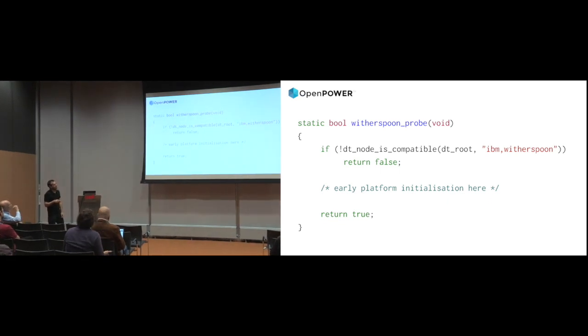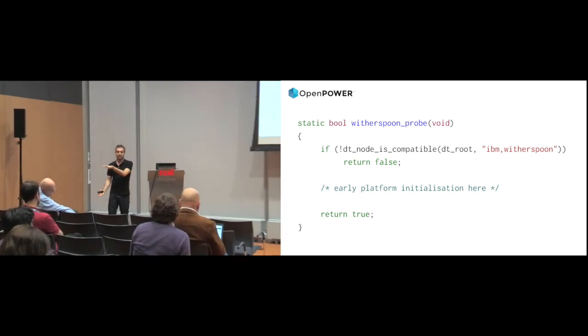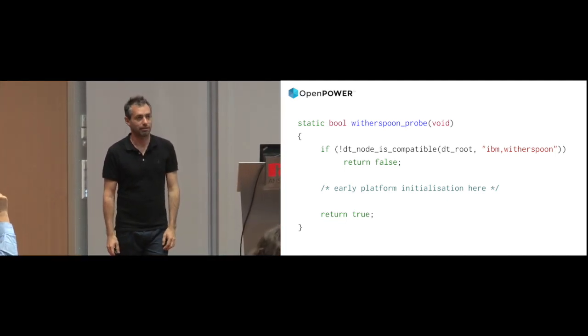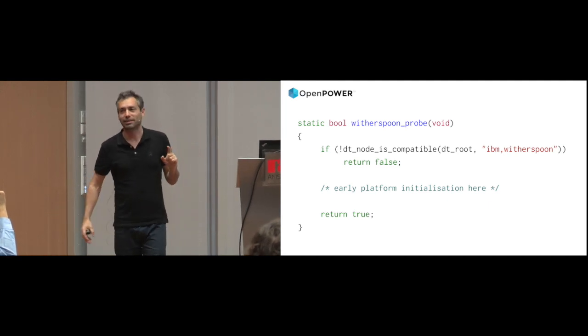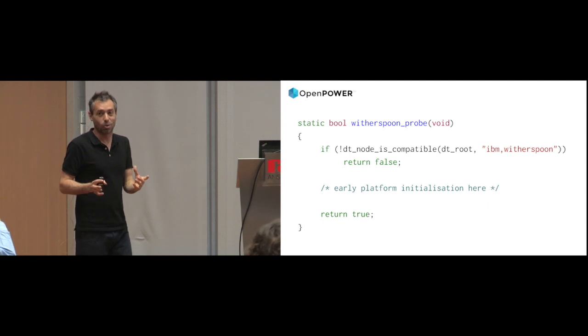And this is why it's important to have that compatible string as something unique, because we use that to determine which machine OPAL is starting on. So we'll check that and then say, yes, this is the platform we're starting, and apply all the platform-specific stuff. I've covered about 5,000 bits of functionality in one slide. Are there any questions about that, or what the platform definition in skiboot does?